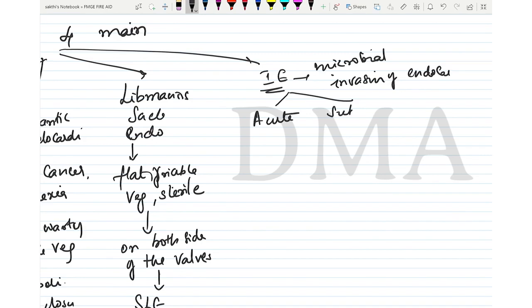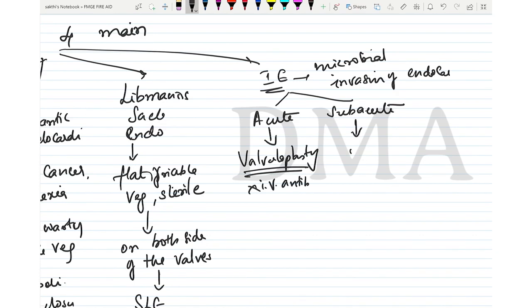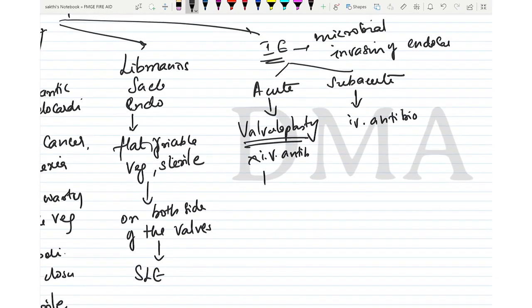The commonest cause of acute infective endocarditis is Staphylococcus aureus, that is the commonest agent causing infective endocarditis. Again, the commonest agent causing infective endocarditis in IV drug abusers is again Staph aureus. Commonest cause of infective endocarditis in people with prosthetic heart valves is Staphylococcus epidermidis.